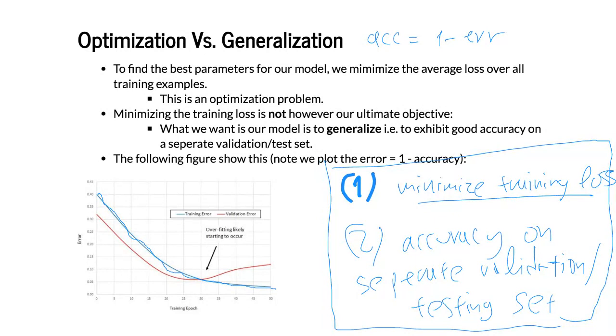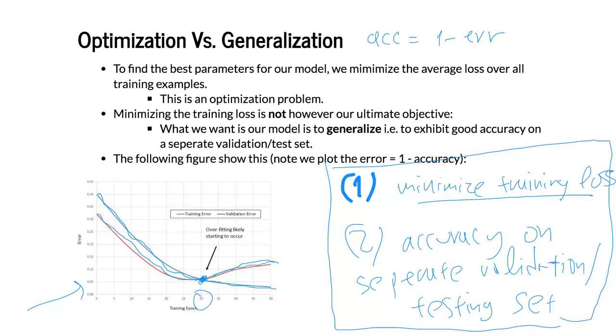Actually, from this example that you see over here, it looks like the validation error goes down, down, down as we train, and at some point, after the 30th epoch, it starts going up. So what does this mean?